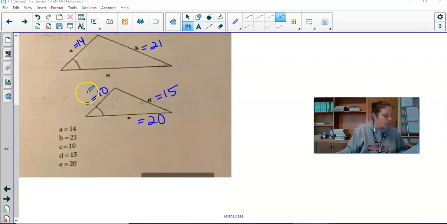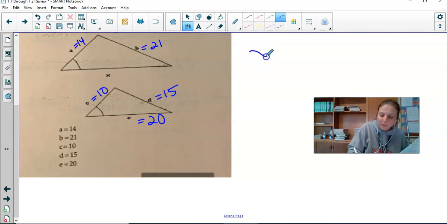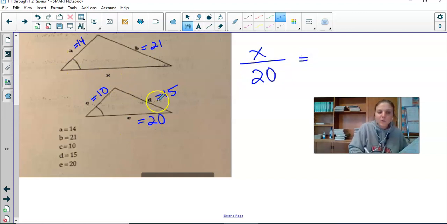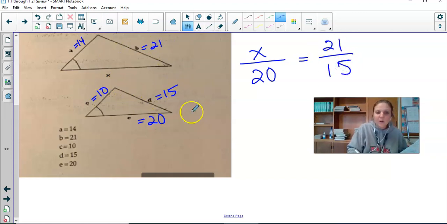So for this example, number 18, I filled in all of this given information into the picture. And what I'm looking for is side X. That's the only one that doesn't have a value. So X matches with side 20. Then I can use either of these two remaining sides. I just went ahead and did 21 over 15. Just make sure you're going in a corresponding way.